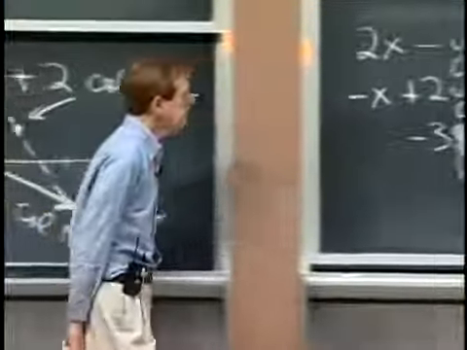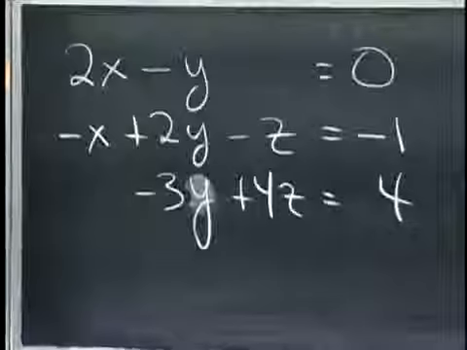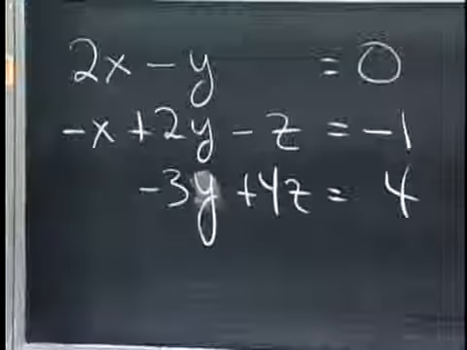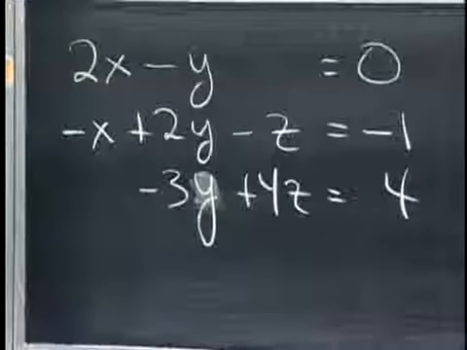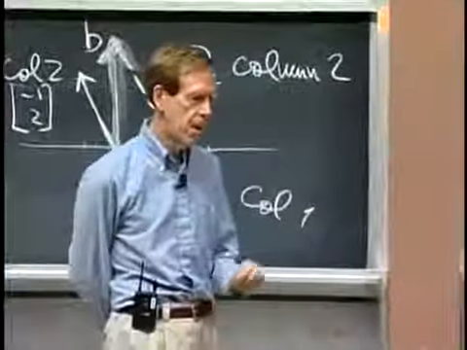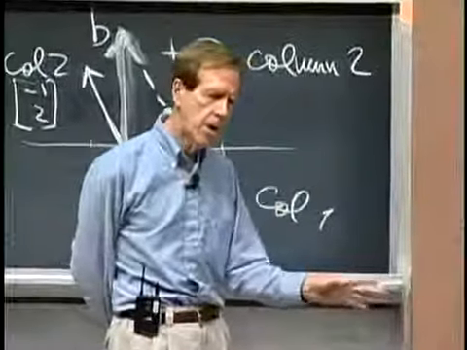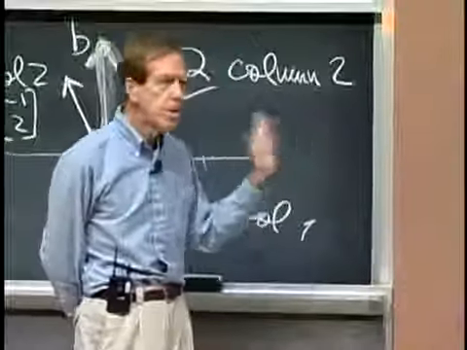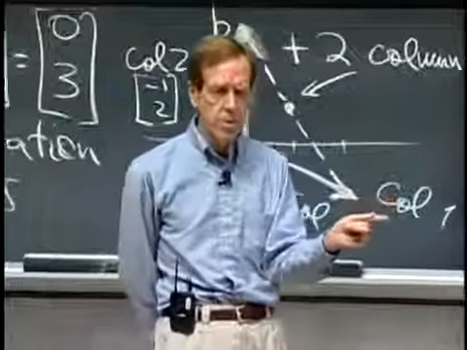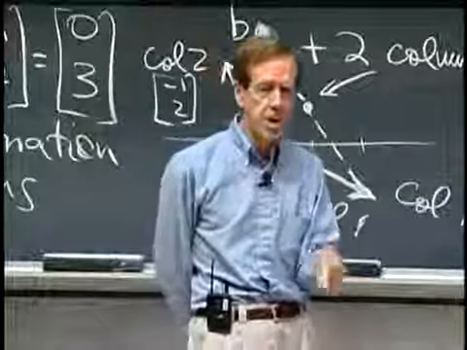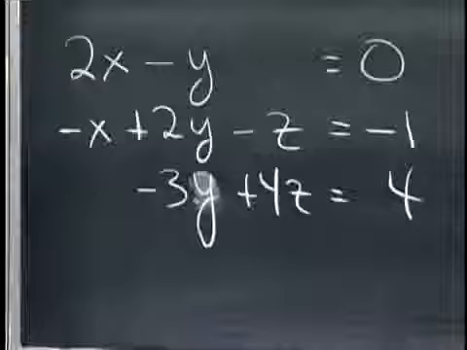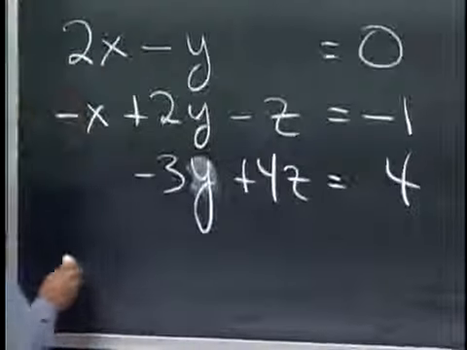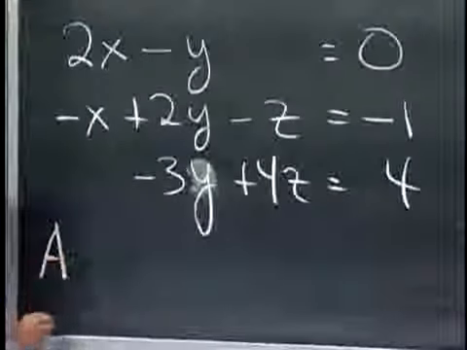Okay. That's 3 equations. I'm in 3 dimensions, x, y, z. And I don't have a solution yet. So I want to understand the equations and then solve them. Okay. So how do you understand them? The row picture is one way. The column picture is another very important way. Just let's remember the matrix form here, because that's easy. The matrix form, what's our matrix A?